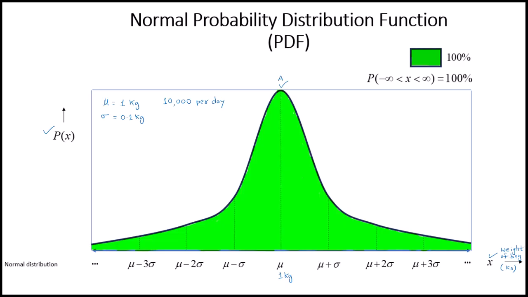Now, if I move to mu plus sigma, this will be 1.1 kg.